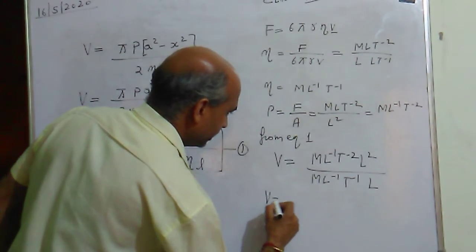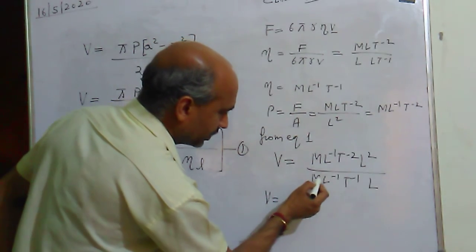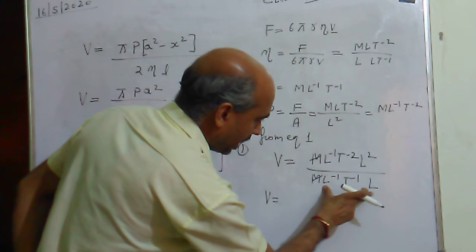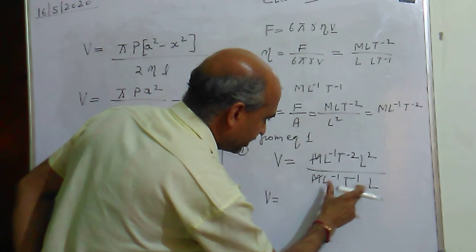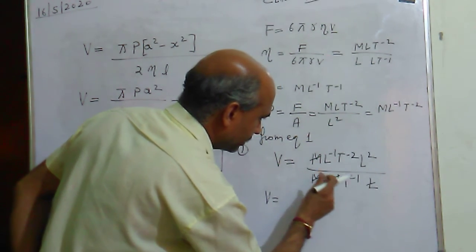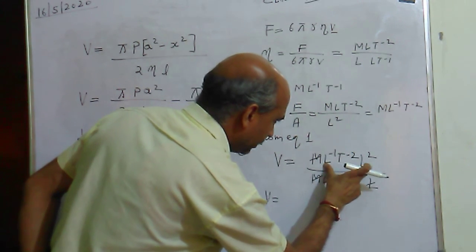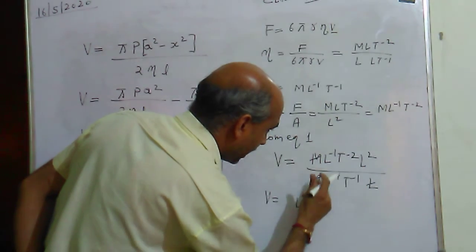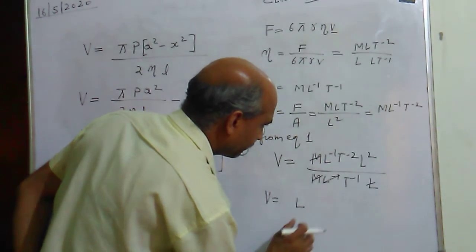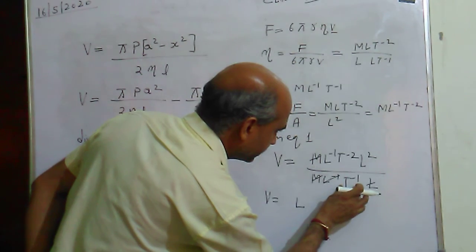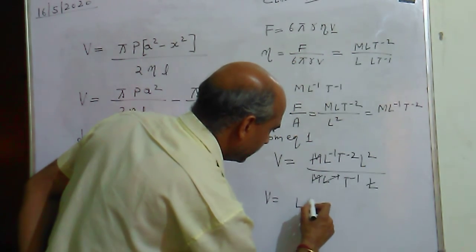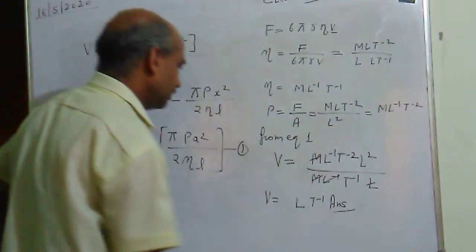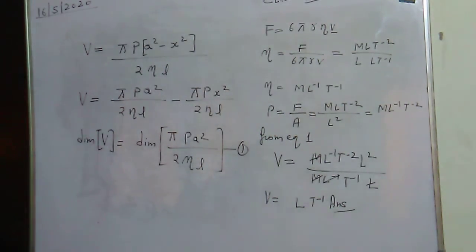So we get V equals, cancelling whatever cancels: M gets cancelled, L minus 1 and L get cancelled, and L minus 1 with L squared gives L. And T minus 1 goes up. So this is your answer. V is the velocity, so its dimension is L T minus 1.